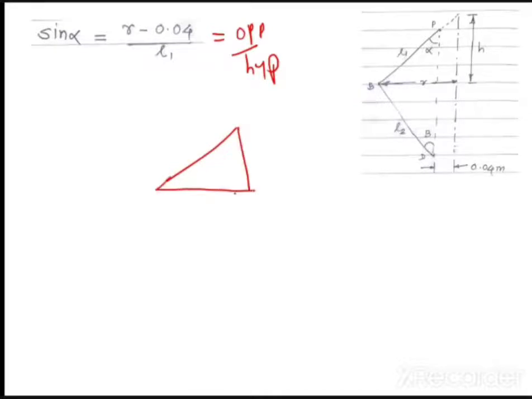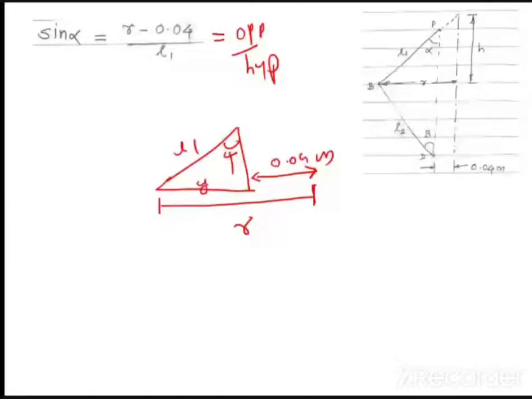So this is L1, this is alpha, and this total distance is r. And this distance is 0.04 meter. If I want this y, then y is equal to r minus 0.04 meter. This is trigonometry, what you have studied from school days. So sin alpha is equal to (r minus 0.04) upon L1.